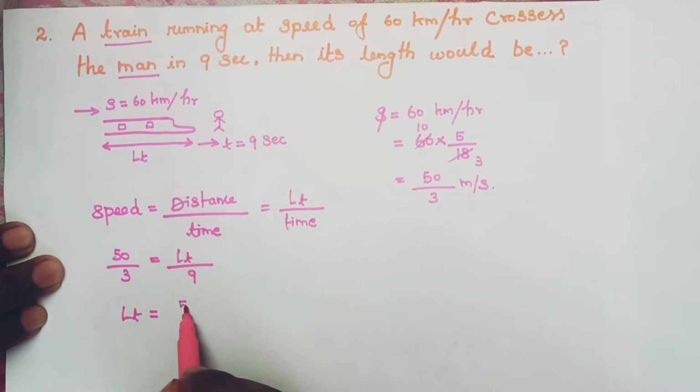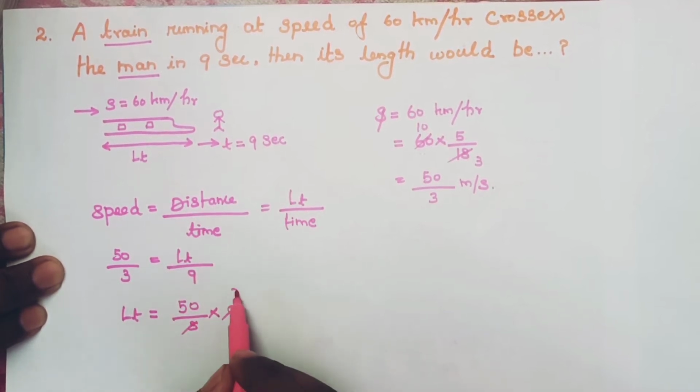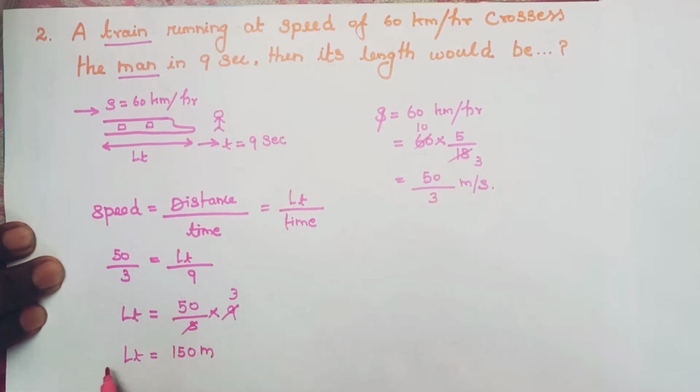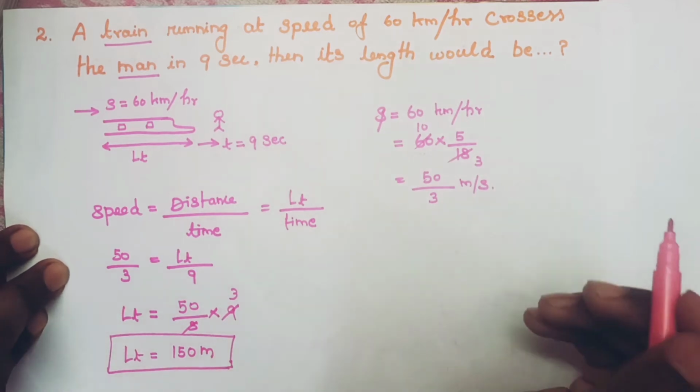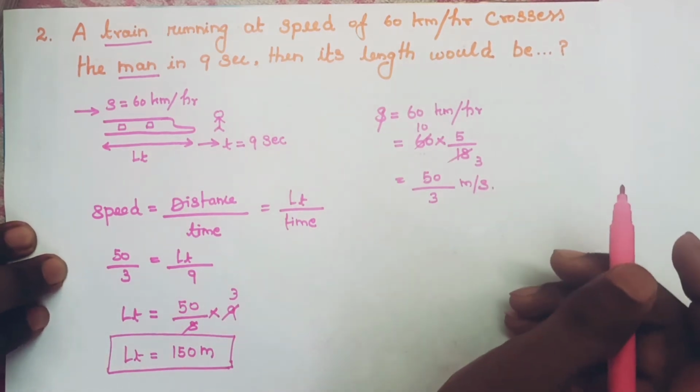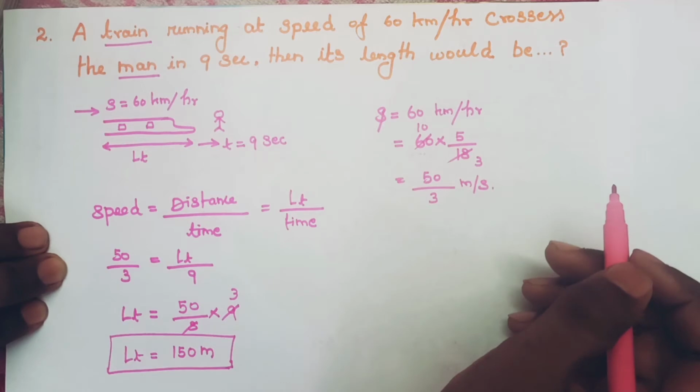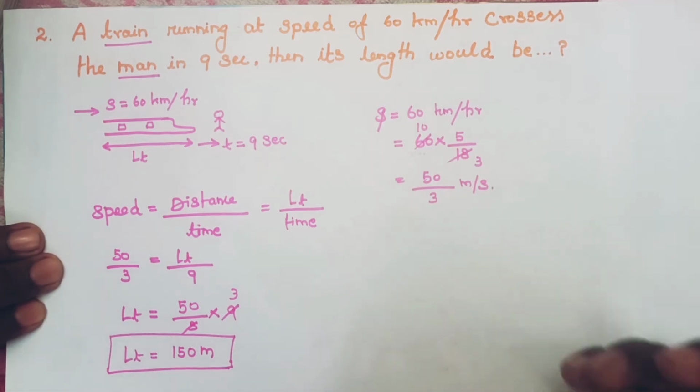Length of the train, 50 divided by 3, just multiply with 9. Length of the train is 5 3s are 150 in meter. The train length 150 meter running at a speed of 60 km per hour crosses a man in 9 seconds.